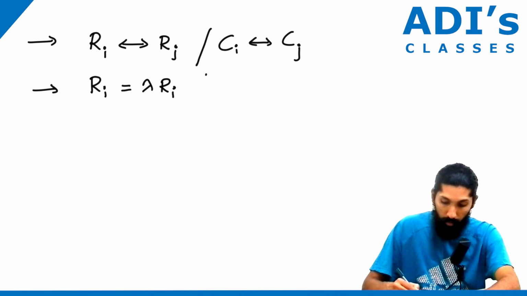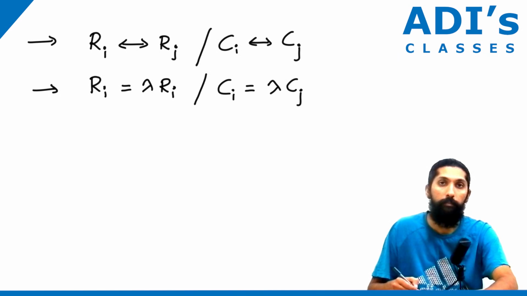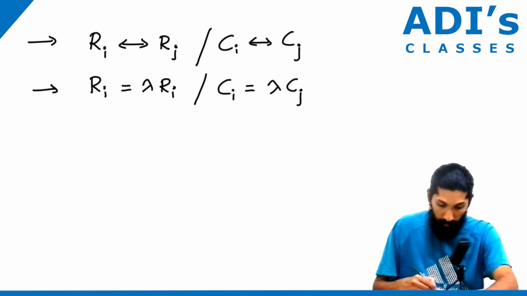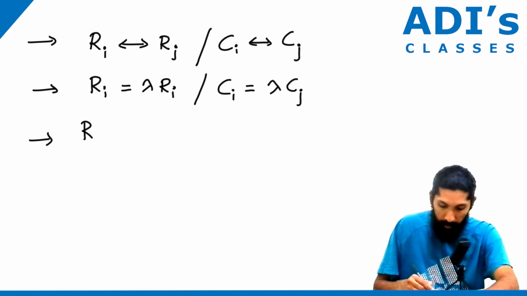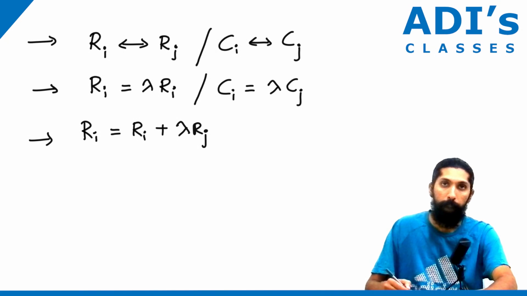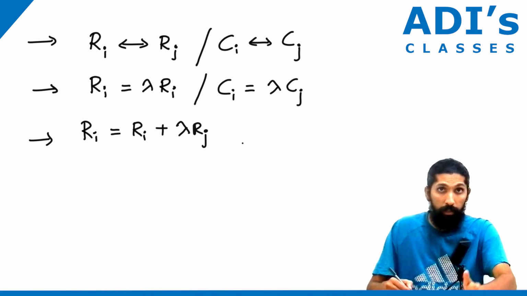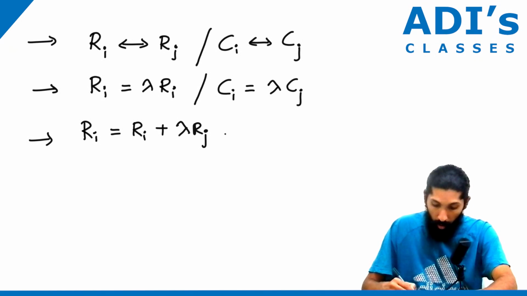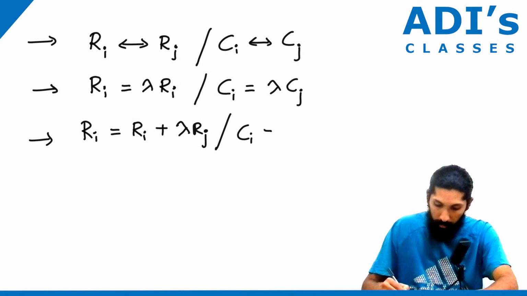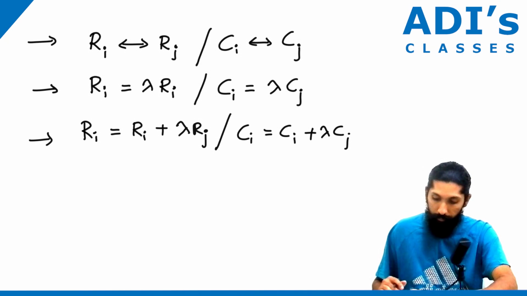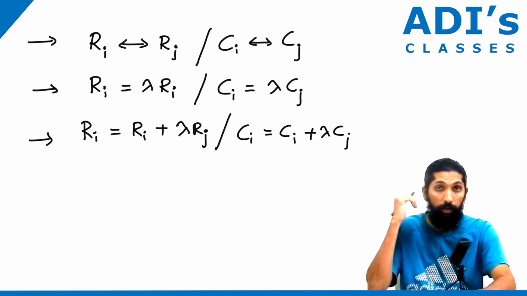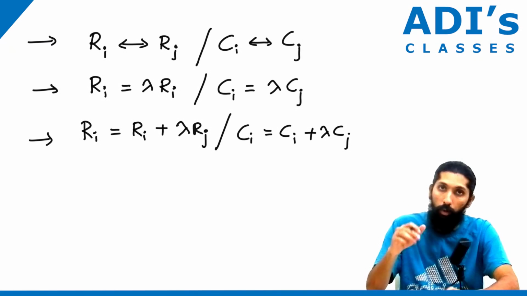Same thing with column: column i is equal to lambda into column j. Now the third type is Ri is equal to Ri plus lambda into Rj. Lambda can be plus, minus, any value. Or column i is equal to column i plus lambda into column j.